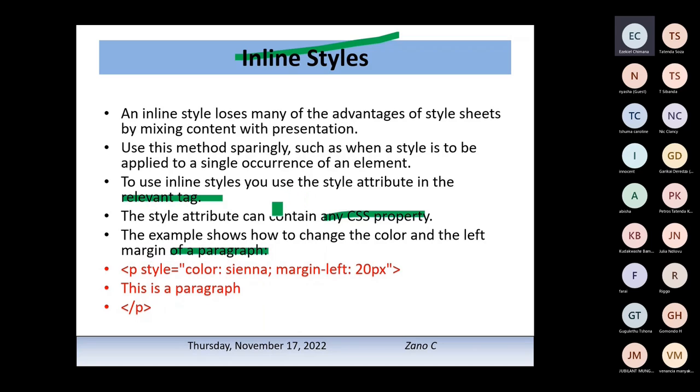Maybe you want to change the color of the paragraph and also its margin from the left, say 20 pixels from the left. So in the opening tag, you put style, then an equal sign, then quotes, and inside that you put the CSS properties and their values, separated by a colon.